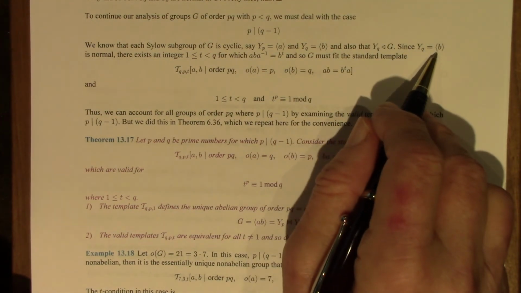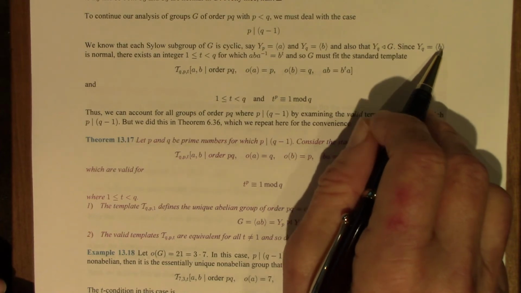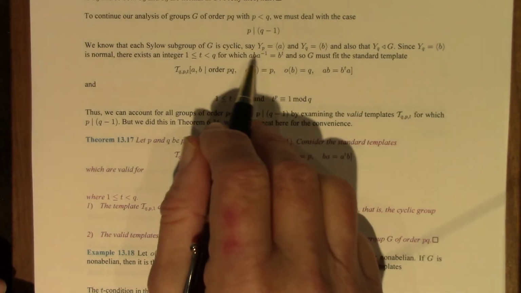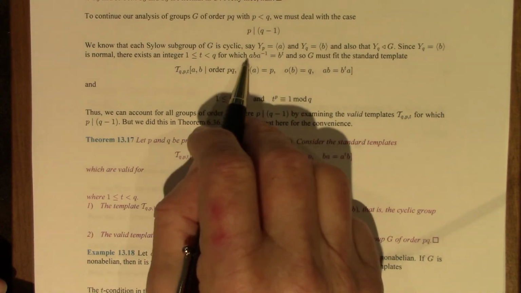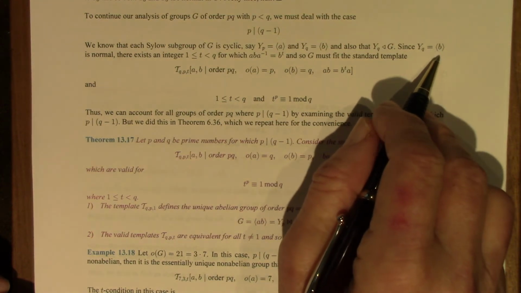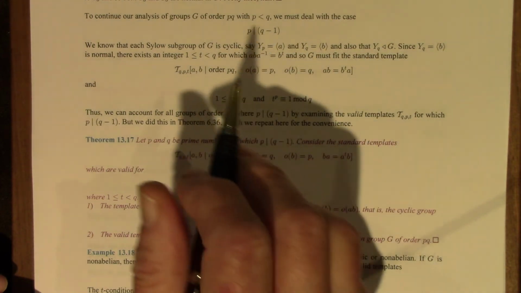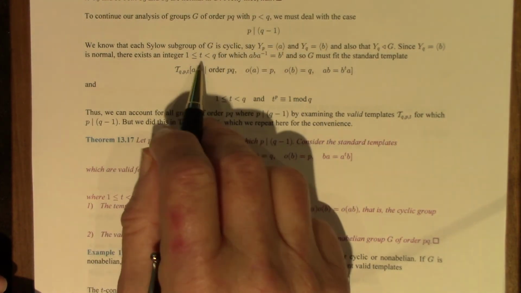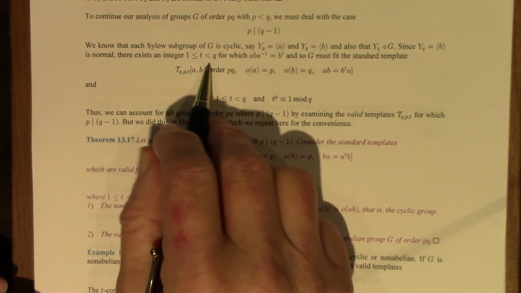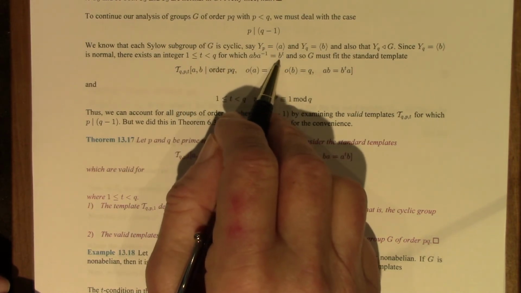Since this subgroup is normal, if we conjugate the generator b by the other generator a, we must get a power of b, because it's still in the cyclic subgroup generated by b. And this integer lies somewhere between 1 and q minus 1, because b has order q.